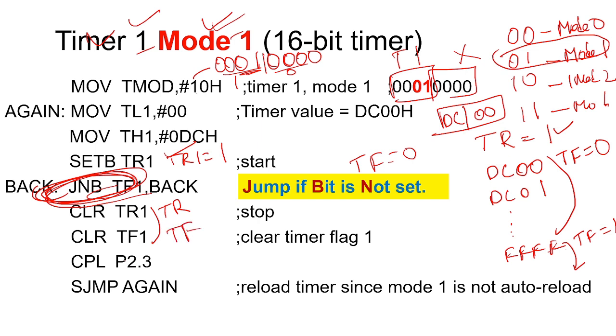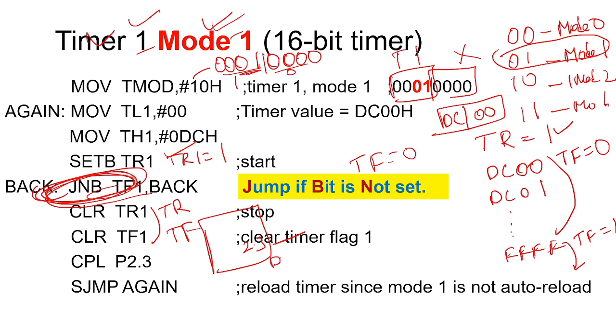Then I want to take the complement of whatever value is held in pin 2.3. Let me say this is port 2, and this is 2.3.